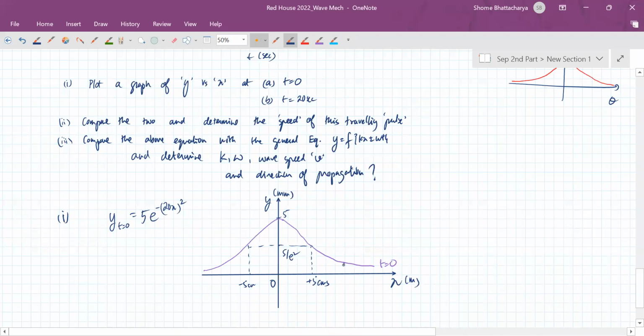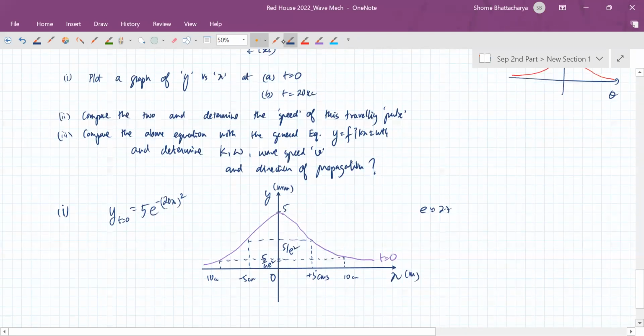By the time it's 10 centimeters, it becomes like this. e is approximately 2.7.